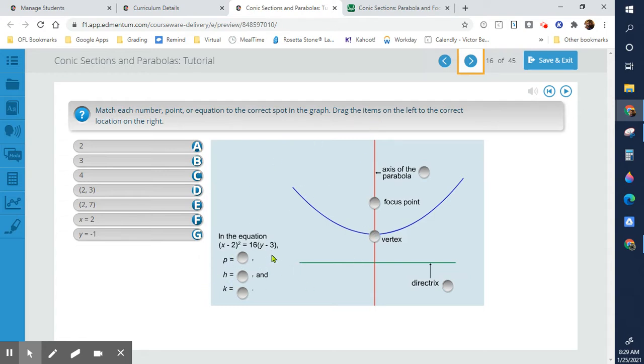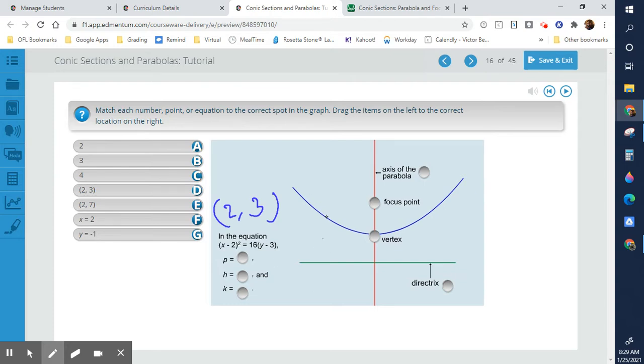So if we look at this, our vertex, let me grab my pen here. Oops, I didn't mean to touch my tablet when I did that. Our vertex would be 2, 3 because it's always the opposite of what's in these parentheses.